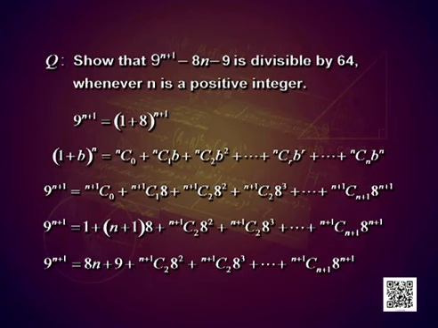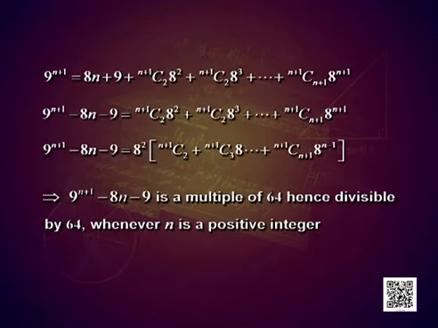So, if I take that out, I am left with the entire expression on the right hand side being a multiple of 64. And isn't that what we wanted? We wanted to prove that 9 to the power n plus 1 minus 8n minus 9 is a multiple of 64, hence divisible by 64.